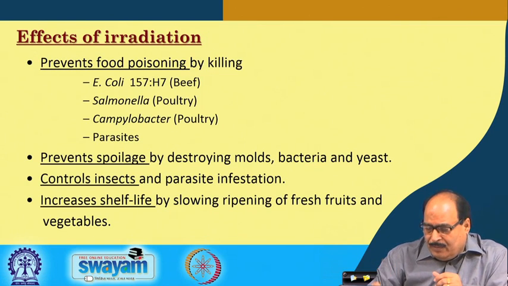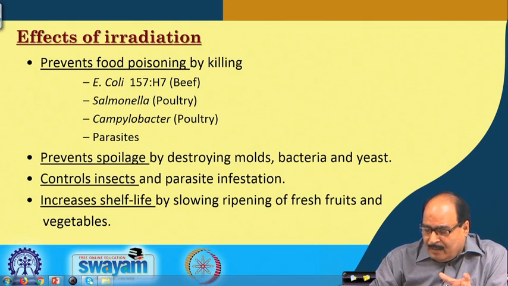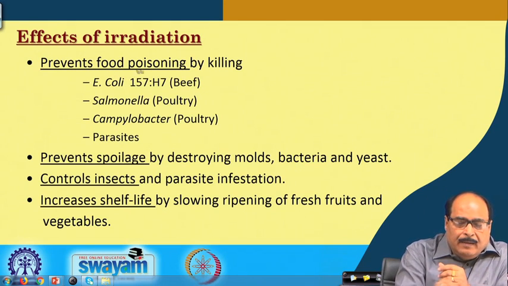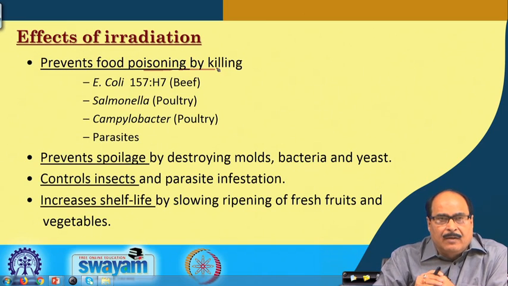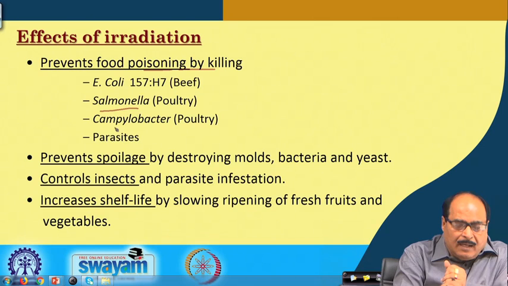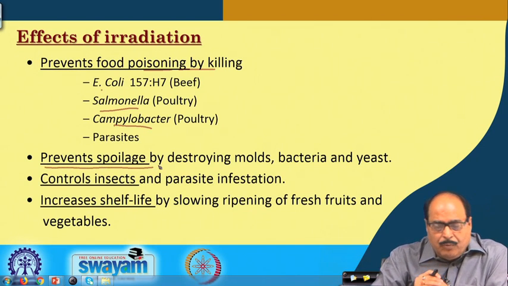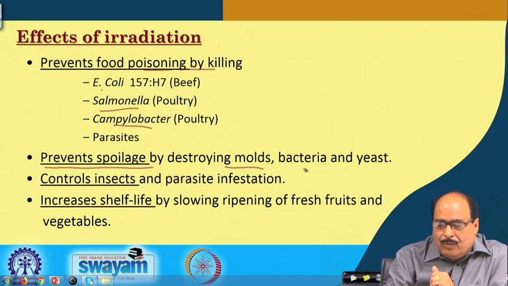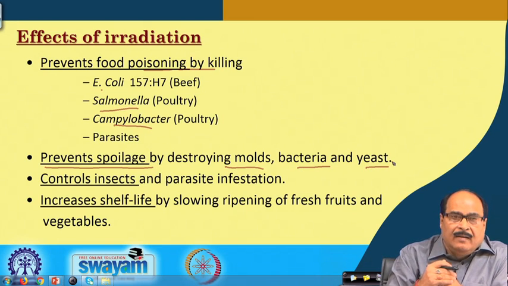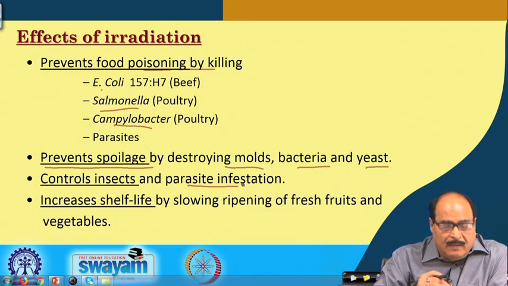Of course, as we saw in an earlier slide and discussed earlier, ionizing radiation or irradiation of food can prevent food poisoning by killing pathogenic or toxin producing microorganisms like E. coli, Salmonella, Campylobacter, parasites, etc. It can prevent spoilage of food materials by destroying molds, bacteria, yeast, etc. It controls insect and parasite infestation.